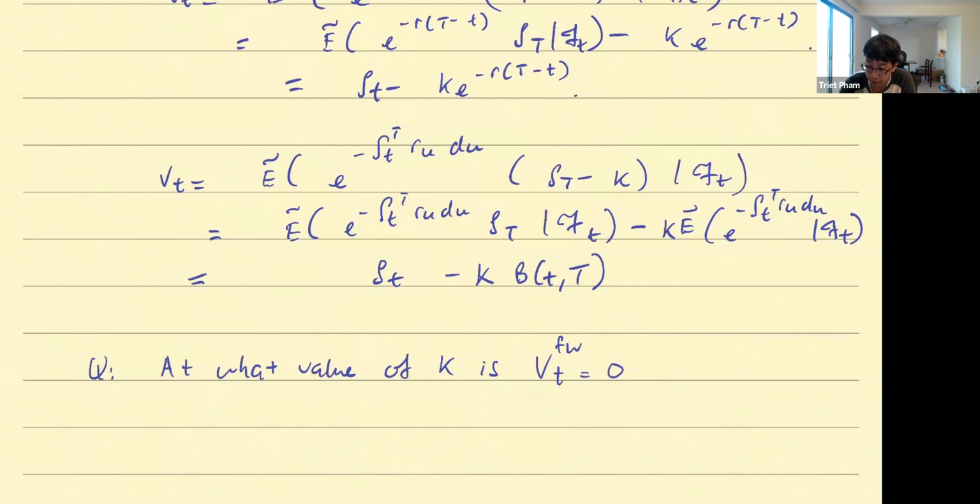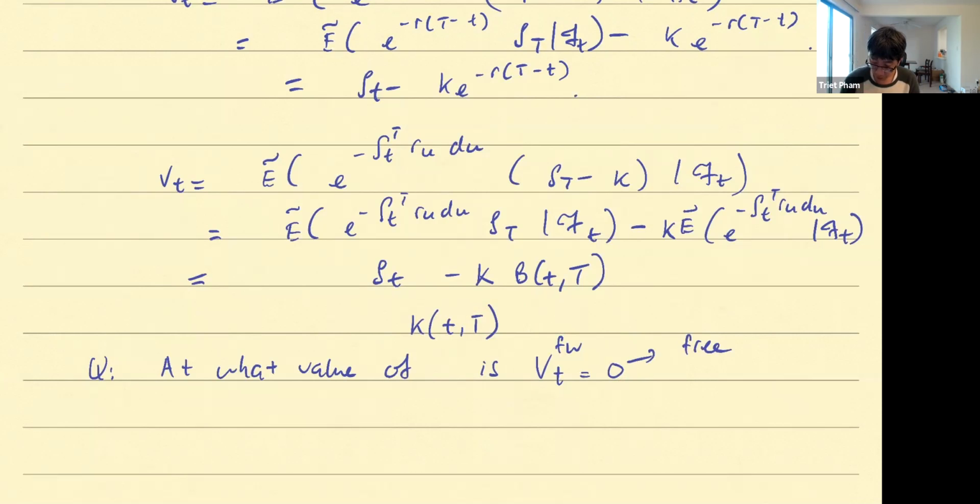K here will be a function of little t and big T. At what value of K at time little t, with reference to expiration big T, is the forward contract price 0? By the way, 0 is a very special number in finance because that means it's free. Free to enter, free to exit.